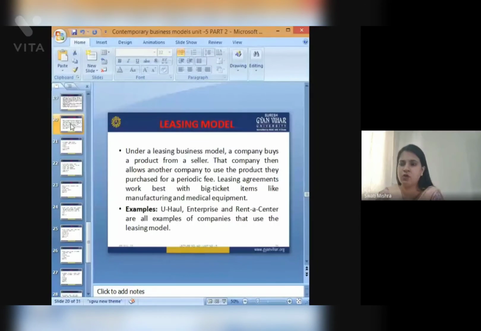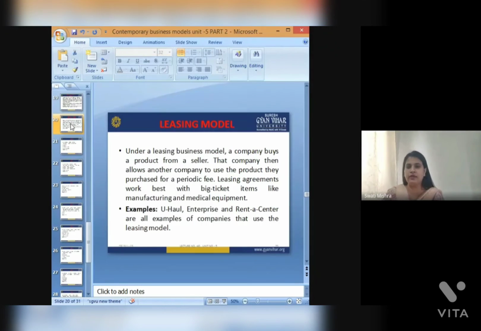And the next model in discussion is the leasing model. Under a leasing business model, a company buys a product from a seller, and that company then allows another company to use the product they purchased for a periodic fee. Okay, which means they lease it out. This many times happens in some kinds of hotel chains also.